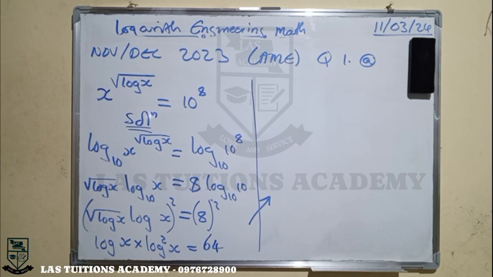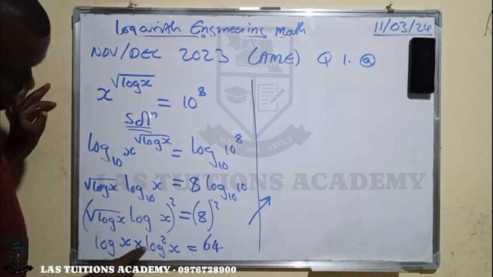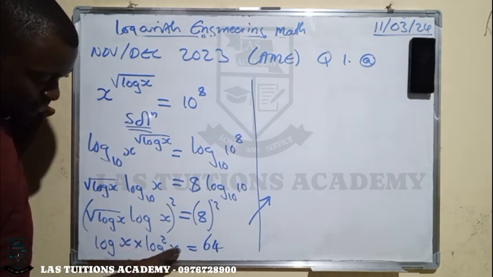So I was thinking, since we have log x times log squared x, we can simplify, maybe we can get log x times 2 log x. So this 2 drops here. Yes, that's what I was thinking.